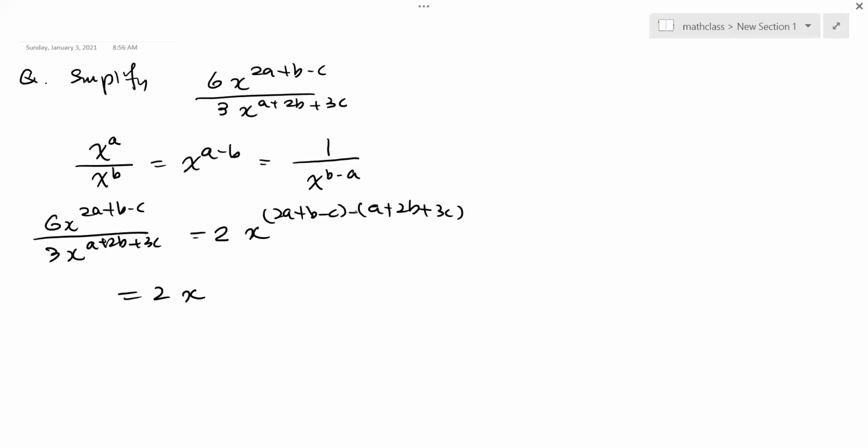You have 2a minus a, which is just a. b minus 2b is minus b. Negative c minus 3c is negative 4c. Okay, so that's it. Now, if you want to, you can also express it in a slightly different way if we want to put the x in the denominator. But right now we don't know if a minus b minus 4c is a positive power or negative power, so we just leave it like that. Okay.